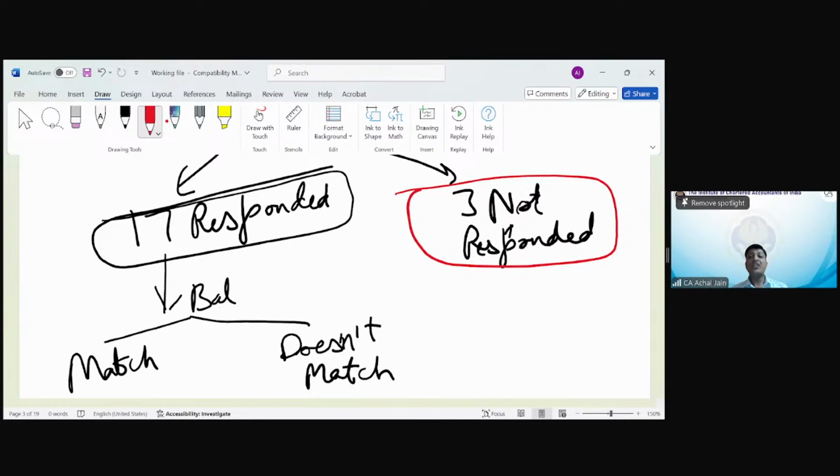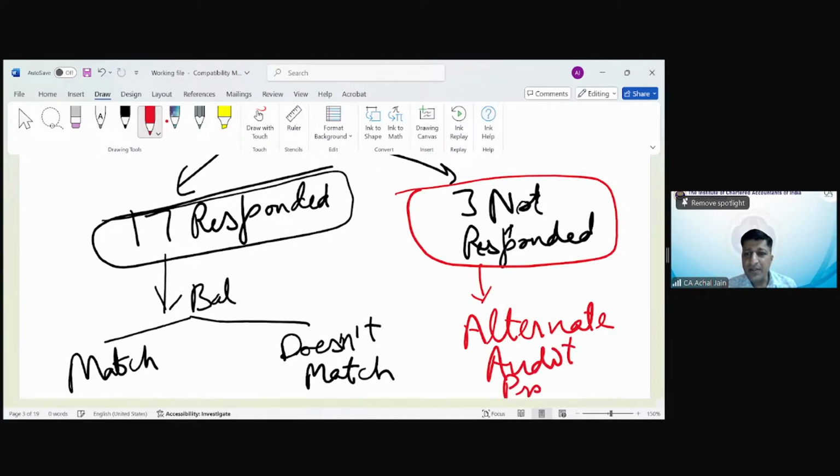Therefore, now on these samples, the auditor needs to perform alternate audit procedures. Alternate means something else. So he'll check the subsequent receipts in respect of debtors, subsequent payments in respect of creditors.